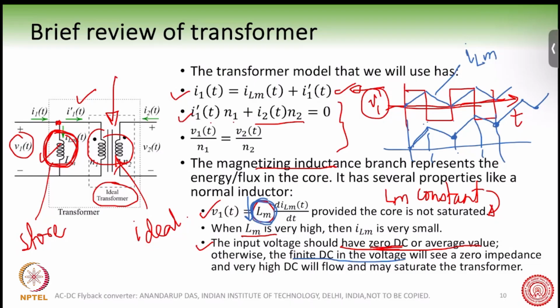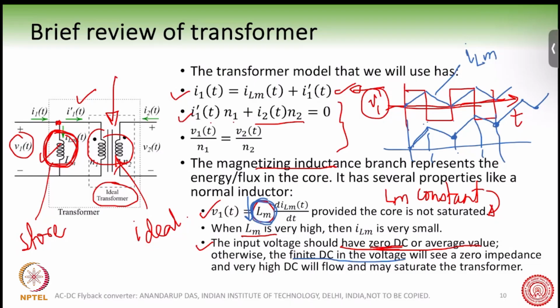Thinking of it another way, if it has some finite DC value, then the impedance of the inductor at DC will be zero, and so a DC current will continuously flow.